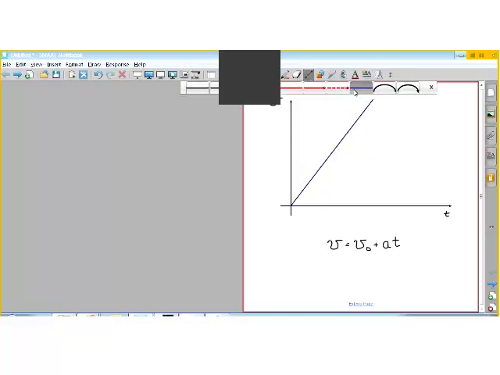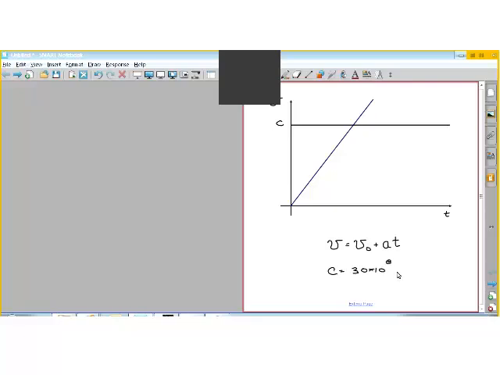Now there's a special velocity, which is the speed of light. So this is going to be c, and c is equal to 3.0 times 10 to the 8th meters per second. And what Einstein's theory says is that when you get closer and closer to the speed of light, it's harder and harder to get there, and ultimately it will never reach the speed of light.